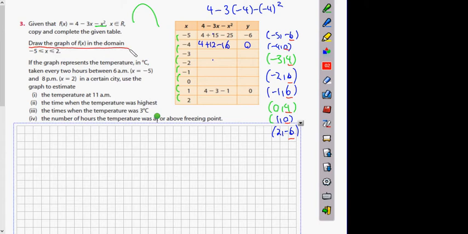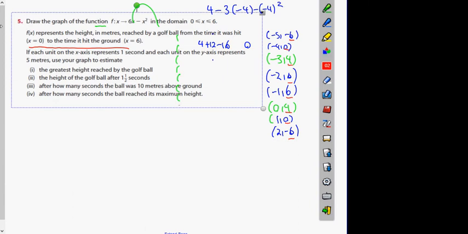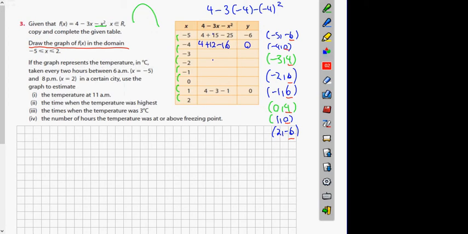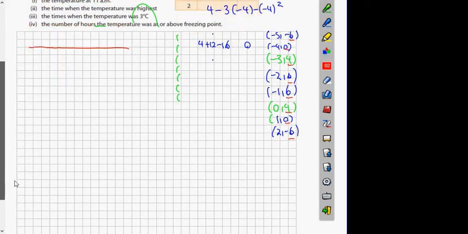Okay. Now, what it wants me to do is draw this graph. So before I do anything else, I'm going to go about drawing this graph. So there we are. I need to start drawing this graph.